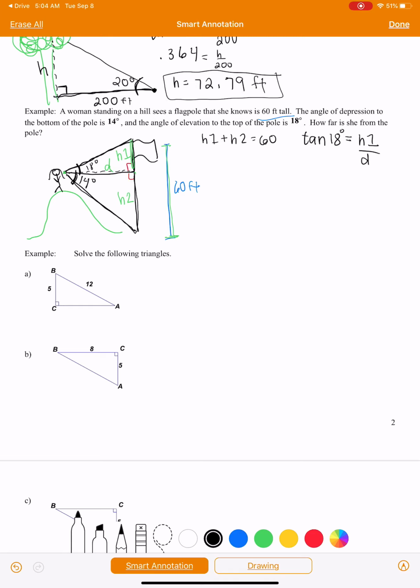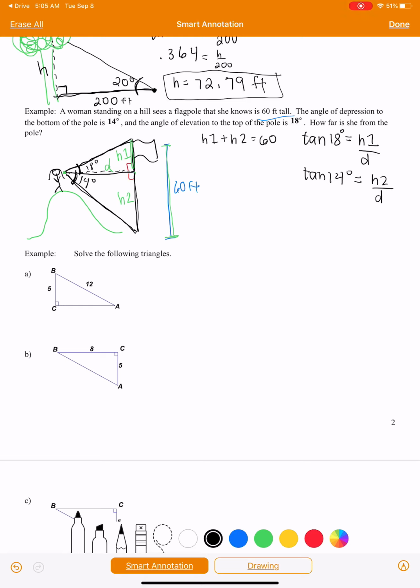Again, they share that same side, that distance D to the pole. So tangent of 14 degrees is opposite, which is the height 2, over the adjacent side length, which again is that D, the distance.